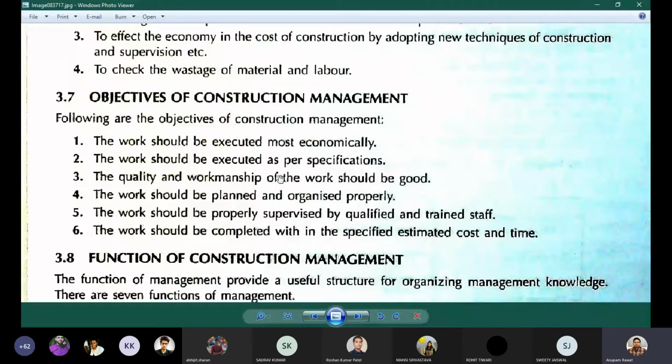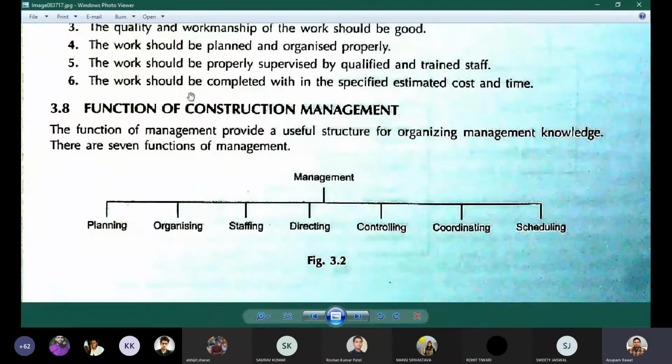Now, if we have to see the functions in construction management, the functions are planning, organizing, staffing, directing, controlling, coordinating, and scheduling. Whenever any management is there, the management will plan and organize, and accordingly they will staff, meaning they will hire the staff.